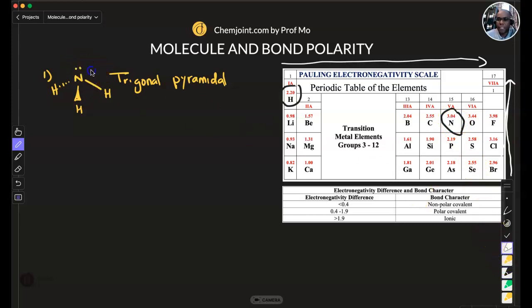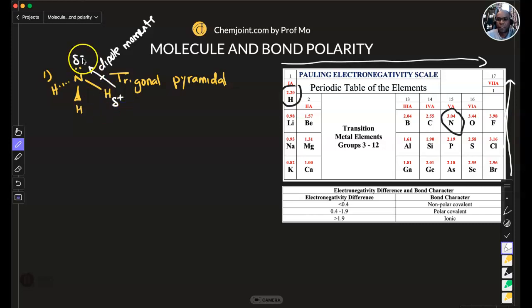So we use an arrow to show dipole moments pointing towards the more electronegative element. What this tells us is that the electron density in this bond, because the bond is just a cloud, is closer to the nitrogen, which has high electron affinity.